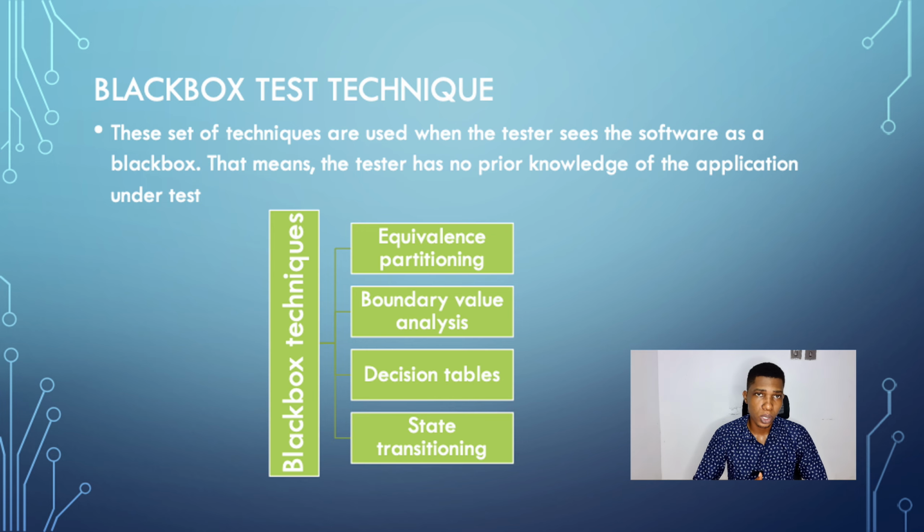And there's also the state transition testing technique. Using this technique, the system is defined in terms of a finite number of states, and the transitions between the states are governed by the rules of the system. It can be in a finite number of states at any point in time, and the transition between these states is governed by the rules of the system.